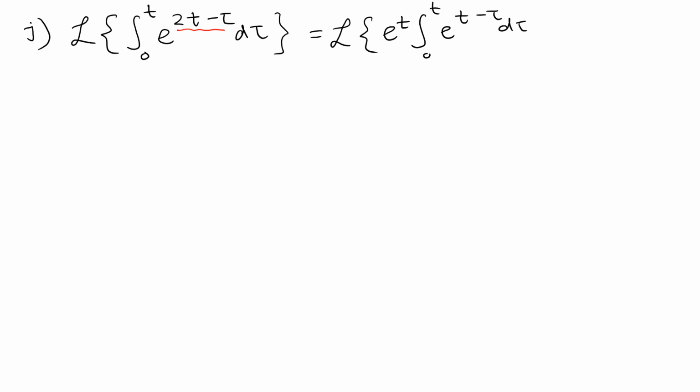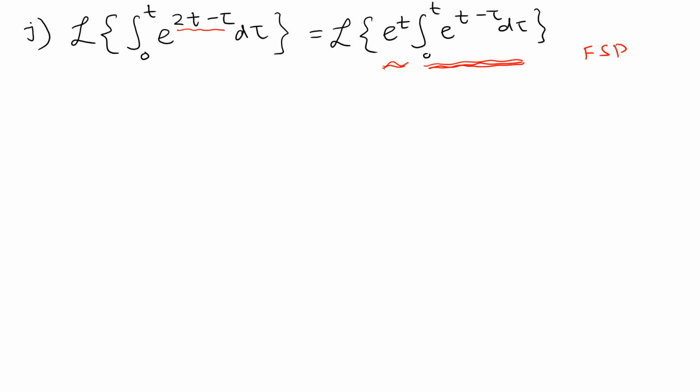That's what you get. Now you can see this is the convolution product as we discussed earlier. And then we have this e to the t term, which means we have to use the first shifting property here. We first find the Laplace transform of the convolution, the one we already know, and then shift it using the first shifting property because of the e to the t term.